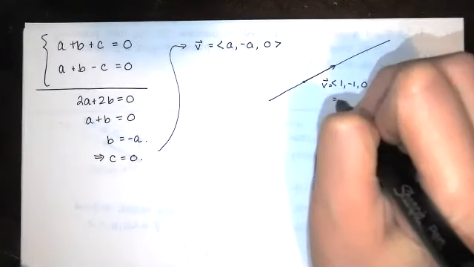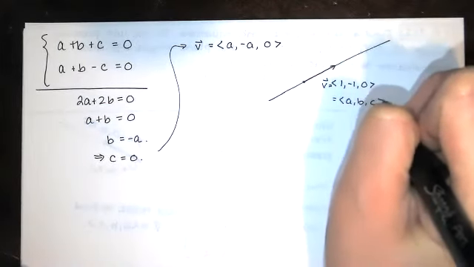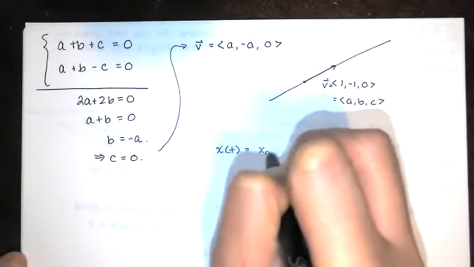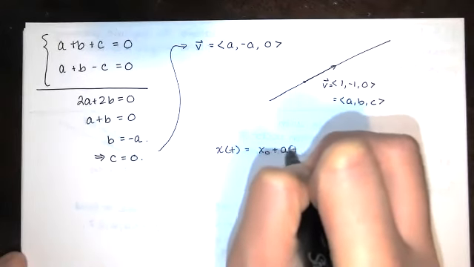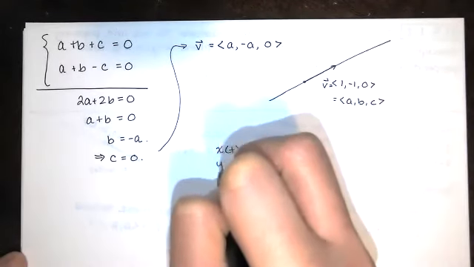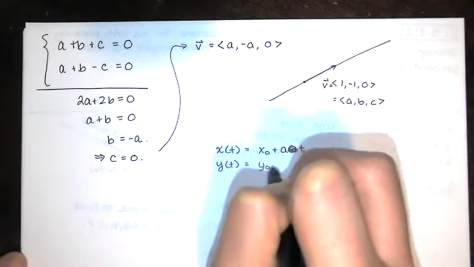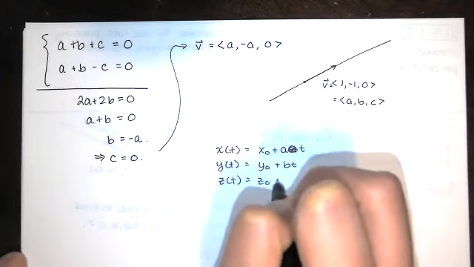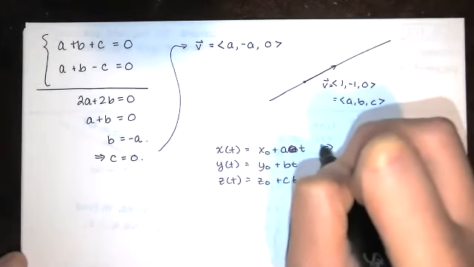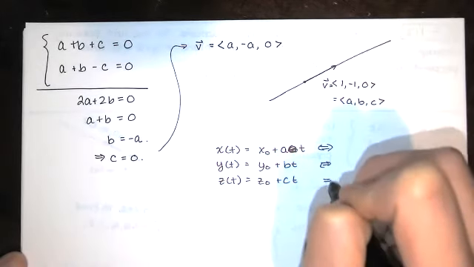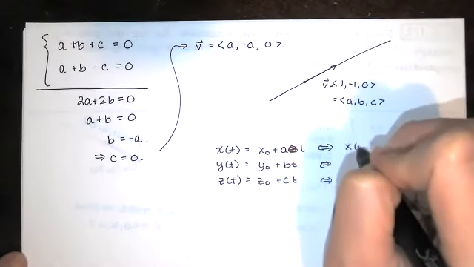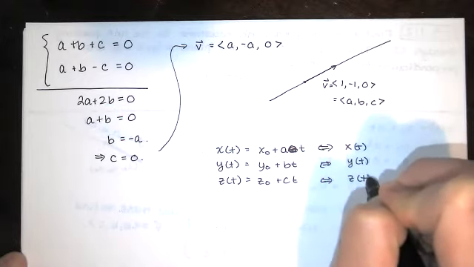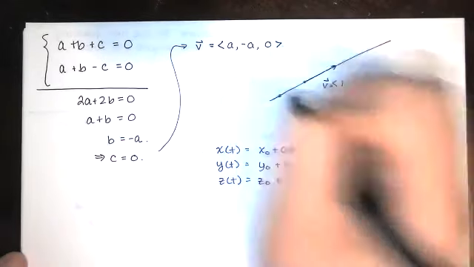Okay, so this is my a, b, c, and these are the parametric equations of a line. Oops. It's a times t. So all you have to do is replace x naught, y naught, z naught with the coordinates of that point on our line.